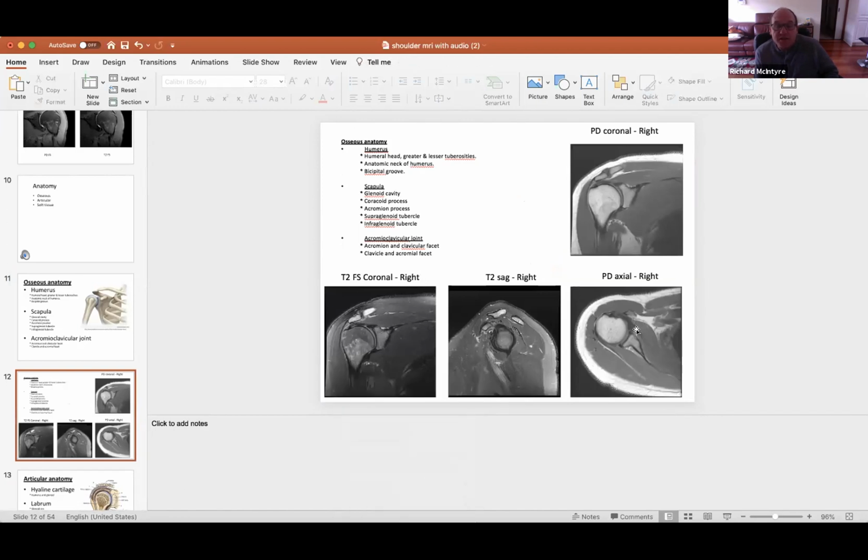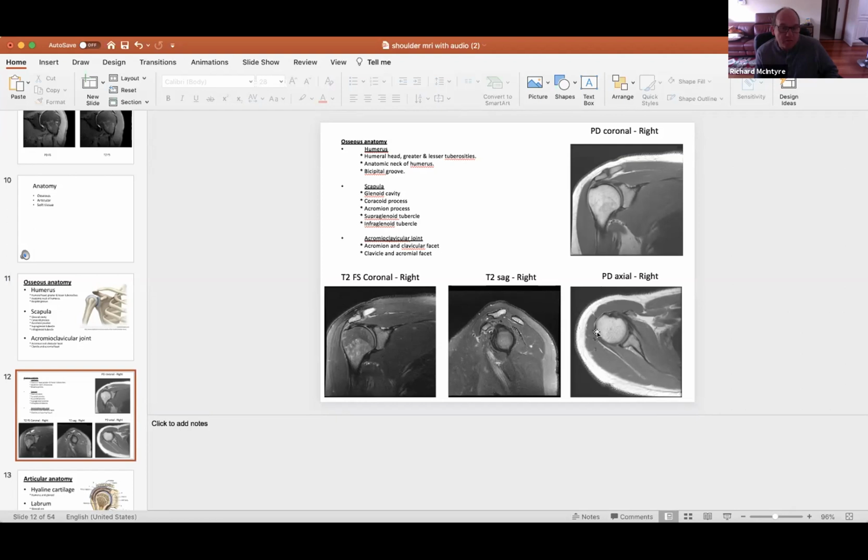So you can see a normal shoulder and you can see the difference in intensity of those different sequences of the osseous structures. We've obviously got subcutaneous fat, and we've obviously got muscle.